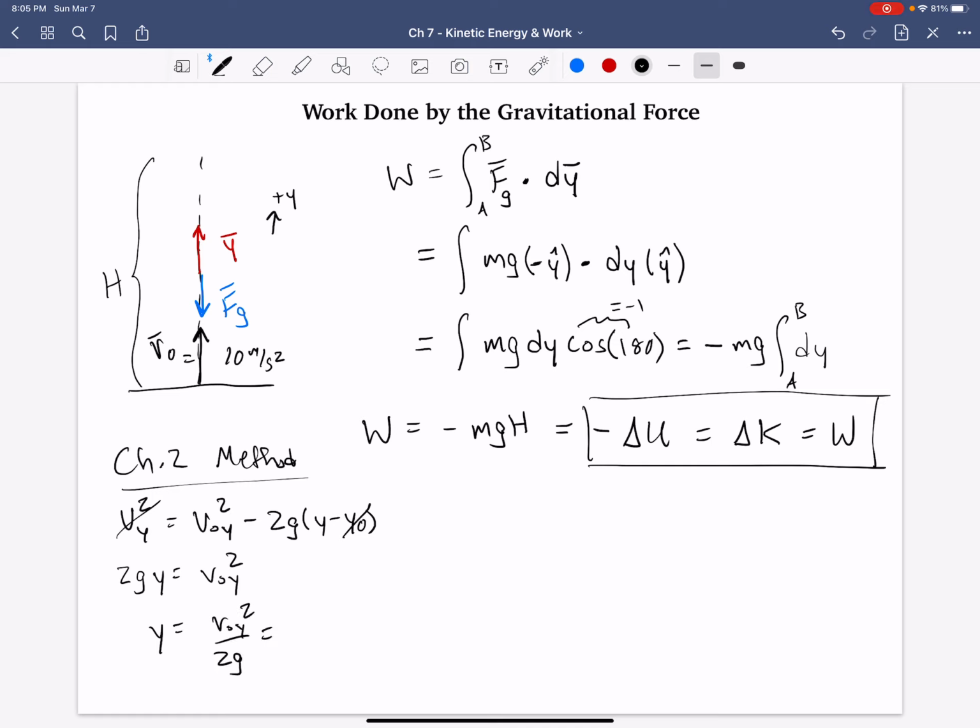So if we plug in the initial speed of 10, that's 10 squared over 2 times 9.81. 2g is about 10, so that's a factor of 10 over 10. That's about 10 over 2, so that's approximately 5.